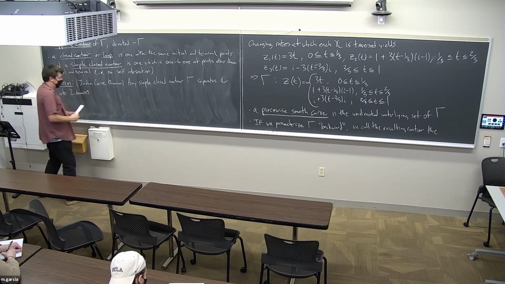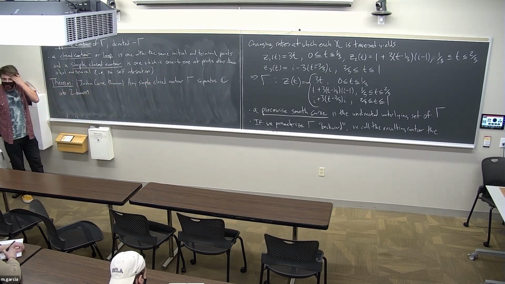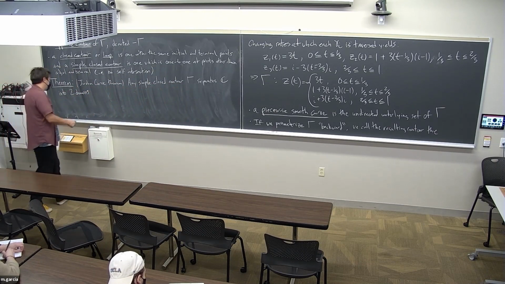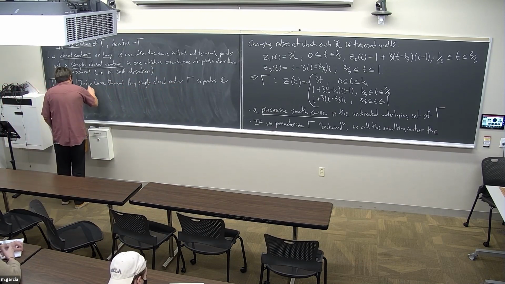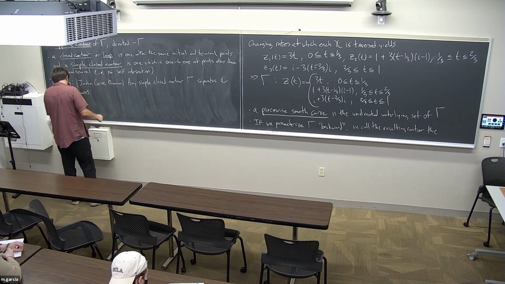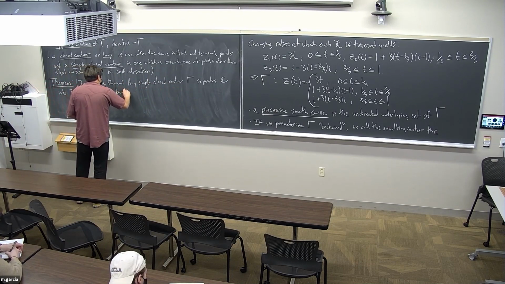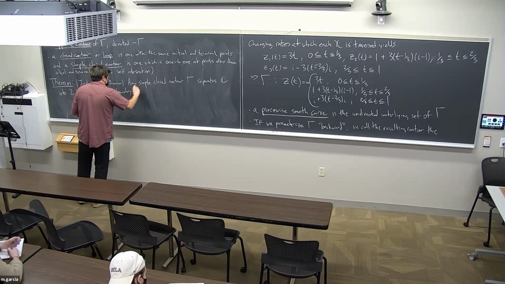Here I use domain in the topological sense, right? An open and connected set of C. Two domains, each with boundary gamma.